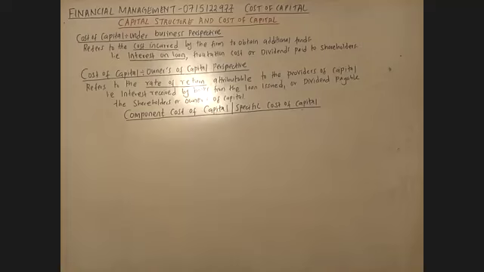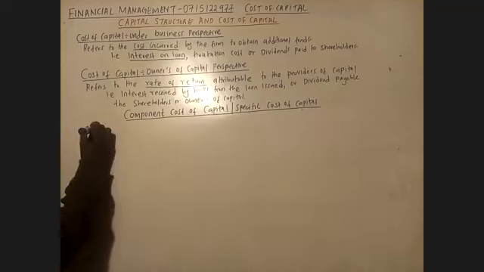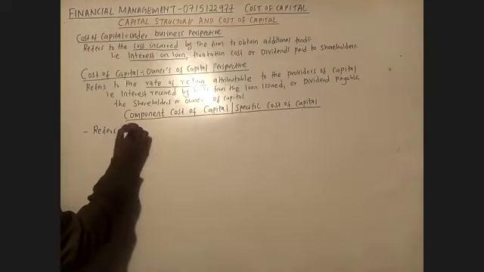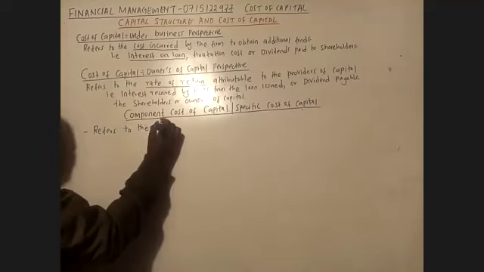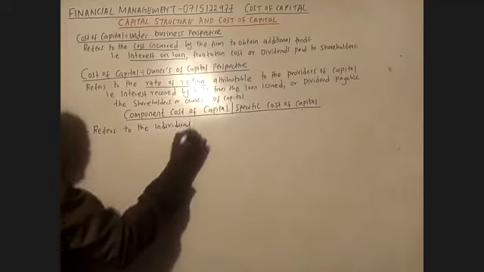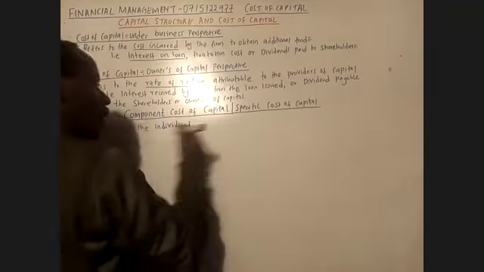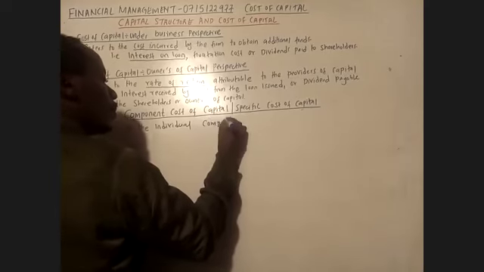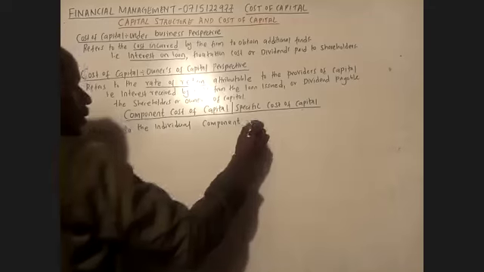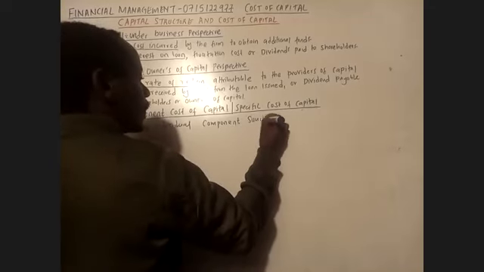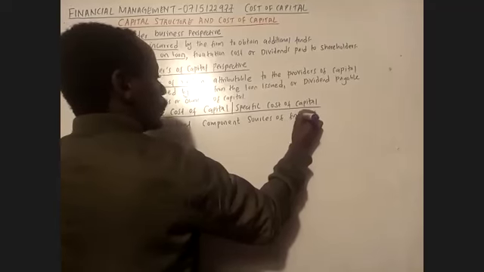We start by defining what component cost of capital is, and we say component cost of capital refers to the cost of the individual component sources of finance.